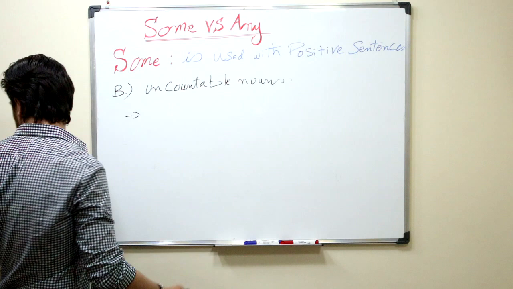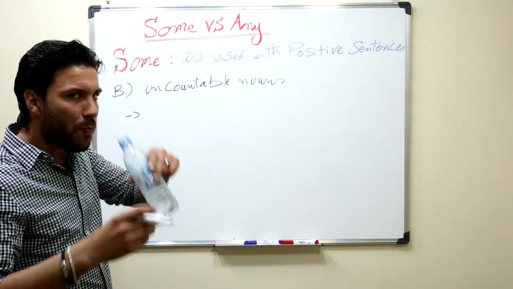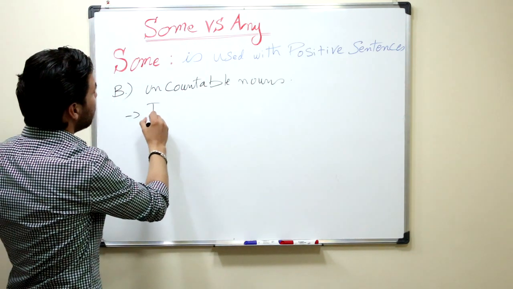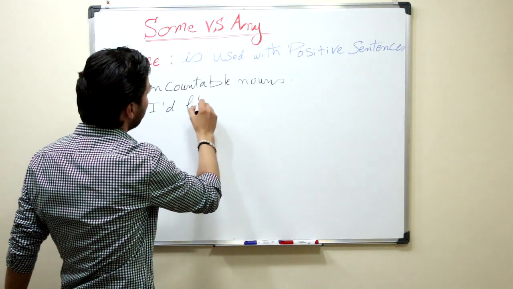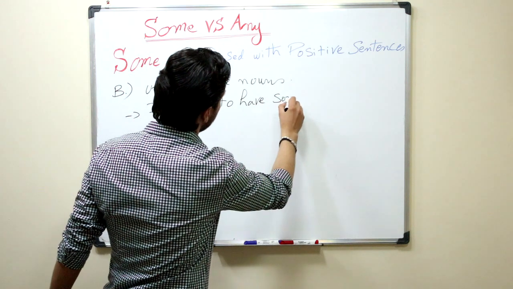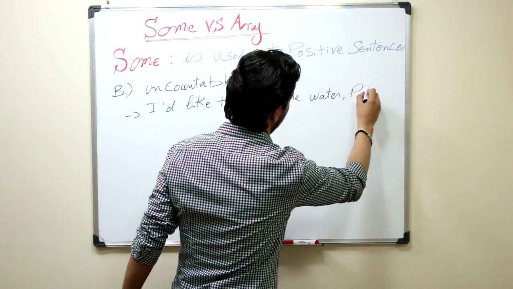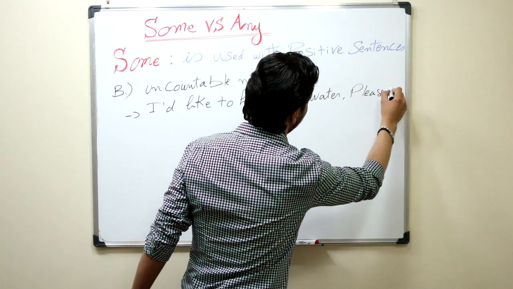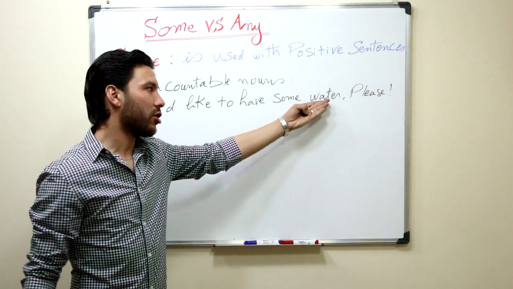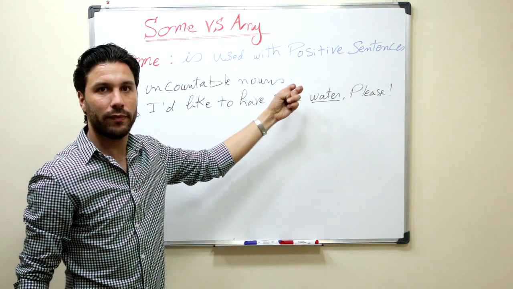For example, now I'd like to have some water, of course. I'd like to have some water, please. So this is uncountable, so water here is uncountable.